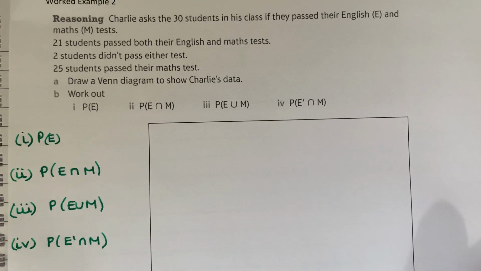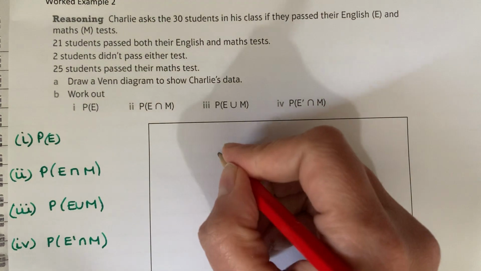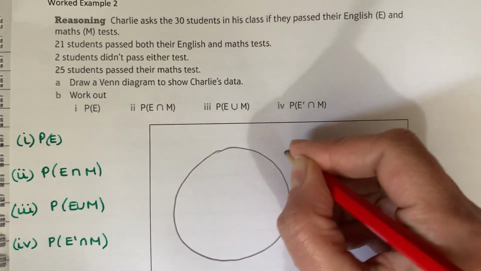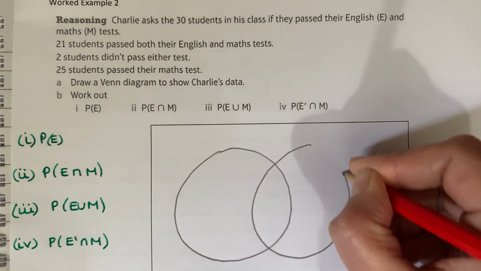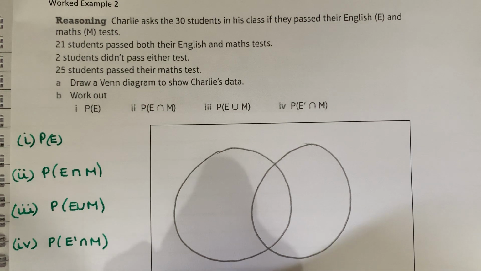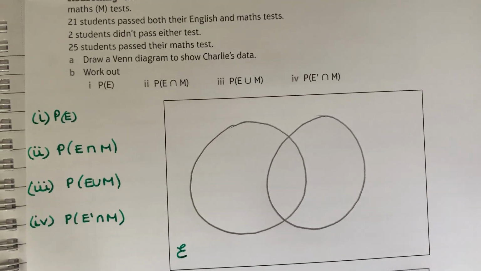Okay, so Charlie's asking 30 students in his class if they've passed English and maths. So we need to construct the Venn diagram for this. Okay, draw circles as best as I can. Okay, so I'm going to put my little curly symbol in here, to show that I've got the whole set.